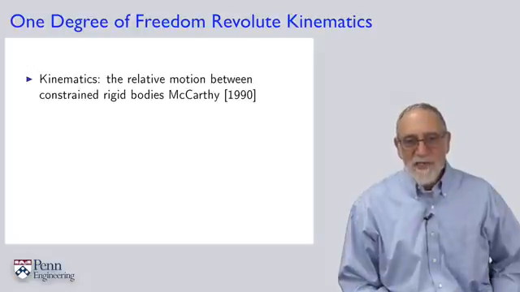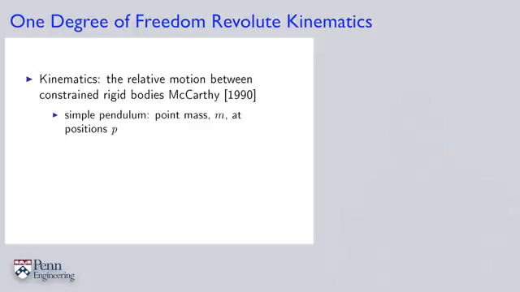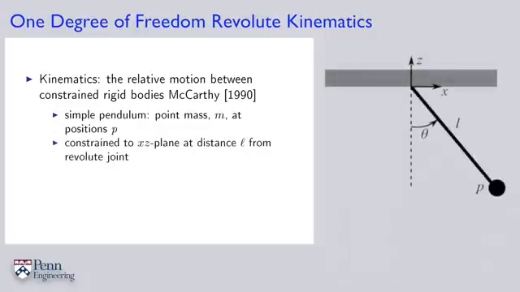So let's look at the picture of the simple pendulum with point mass m at some position p. And I'd like you to think about p as having a spatial component. There's a position on the plane in the horizontal direction x and a position on the plane in the vertical direction z. And there's this fixed distance L, which the mass is constrained to travel on, thereby forming a circular arc whenever it travels at all.